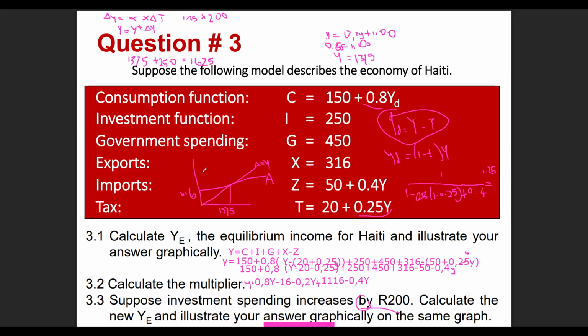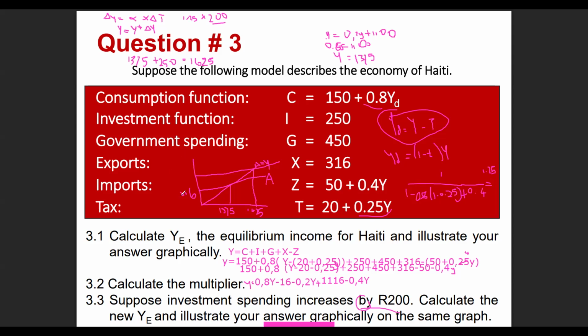So our new equilibrium, and I have our new graph here, our new equilibrium will be here, where now it is 1,625. And our autonomous components have increased by 200.